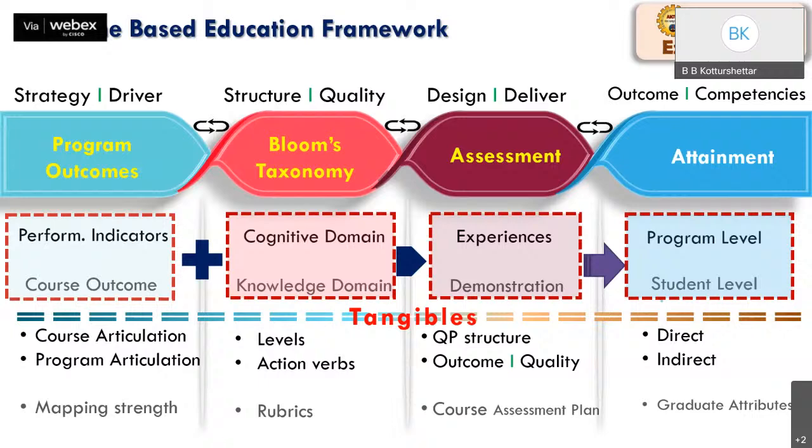Here there are two things. One is coming up with appropriate experiences depending upon what we plan: what the program outcomes are, and for each of these program outcomes, what is the level to which we want to take the student.